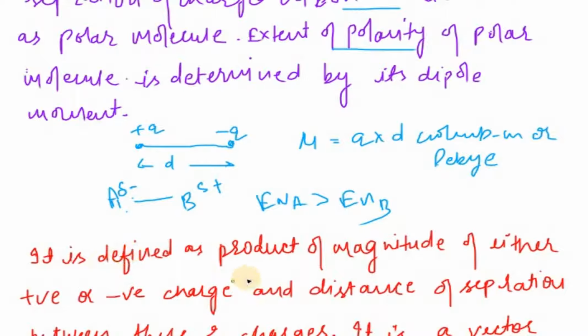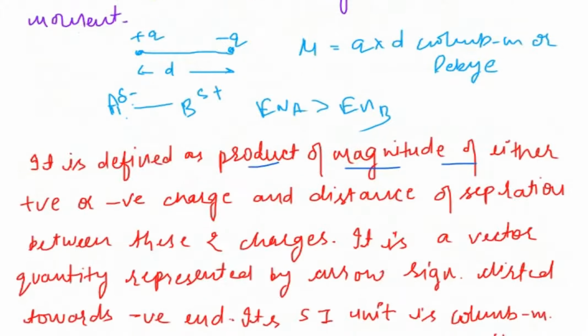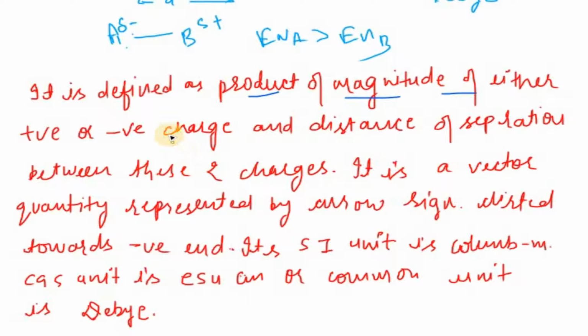So it is defined as the product of the magnitude of either the positive or negative charge, which must be the same, because of conservation of charge the total charge summation should be 0, and the distance of separation between these two charges.